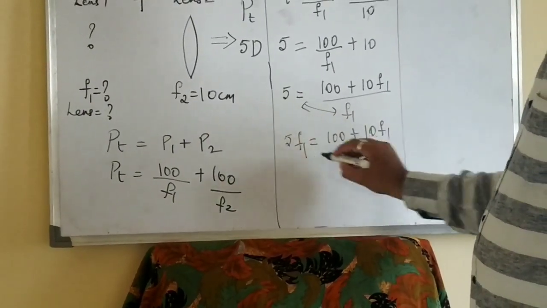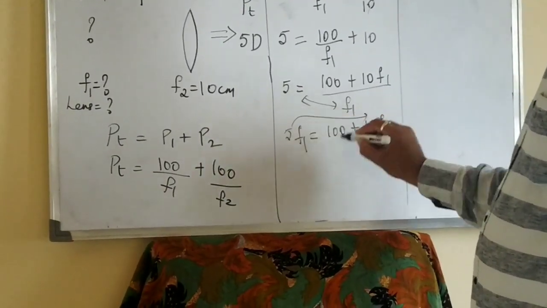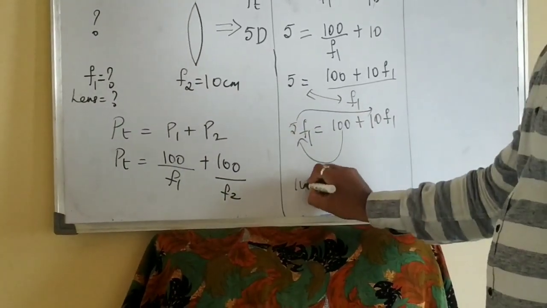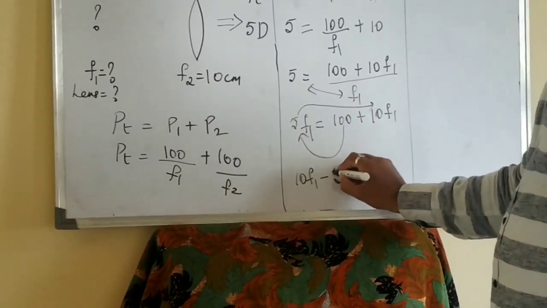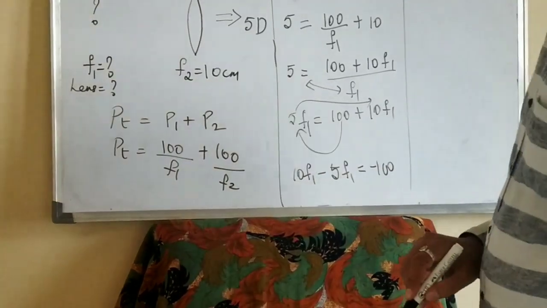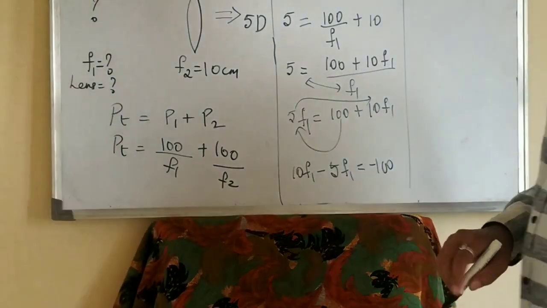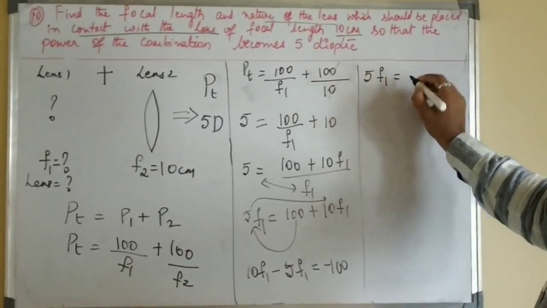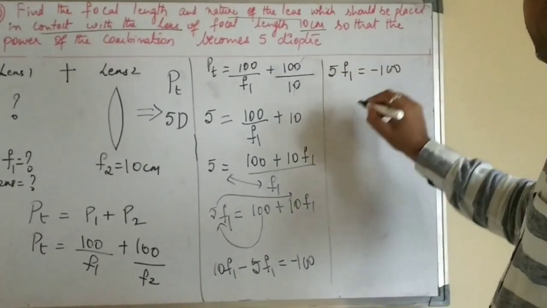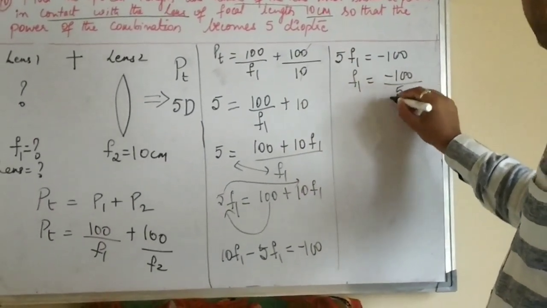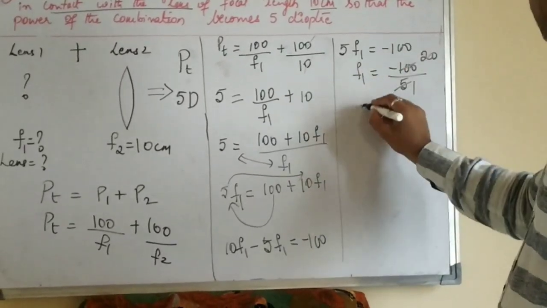Now bring this 10 F1 to the left hand side. Take this 100 to the right hand side. So what you will get? 10 F1 minus 5 F1 is equal to minus 100. Okay, now 10 minus 5 is 5. So 5 F1 is equal to minus 100, or F1 is equal to minus 100 by 5. 5 1s are 5 20s are.